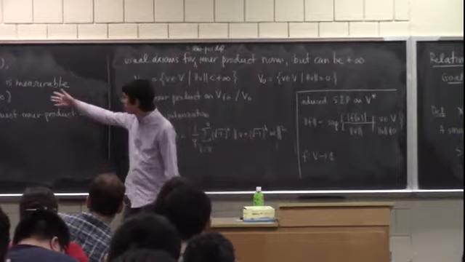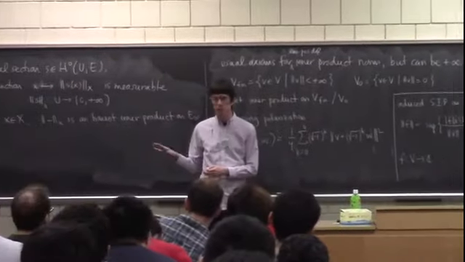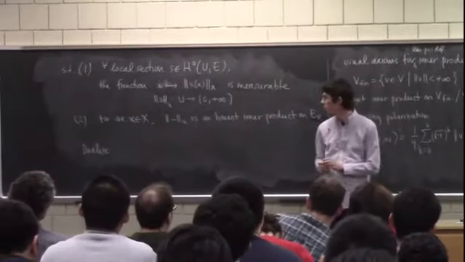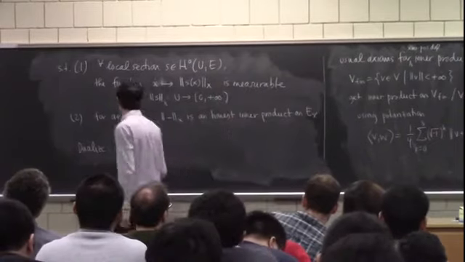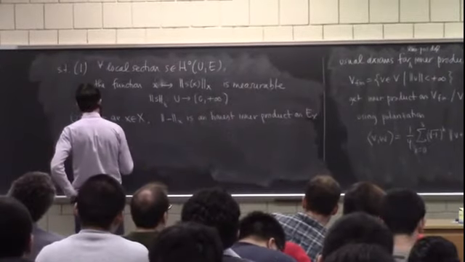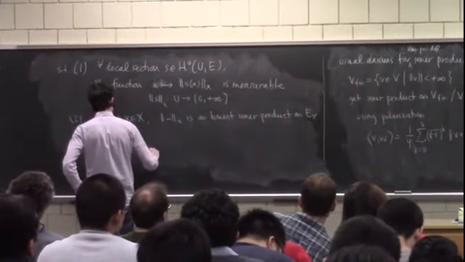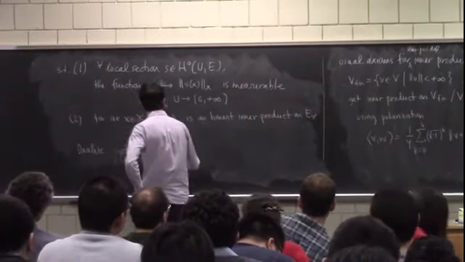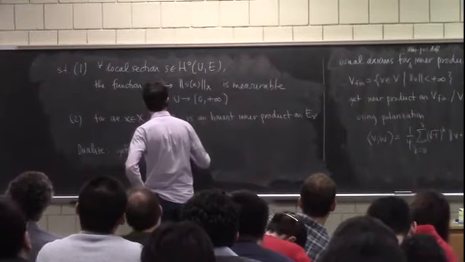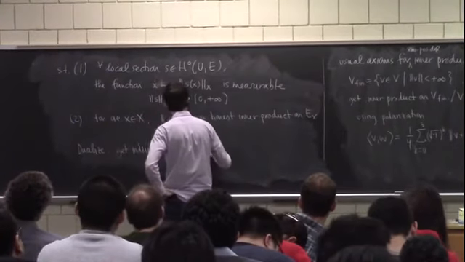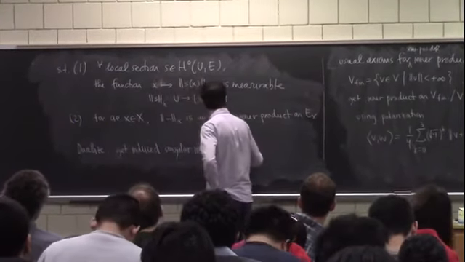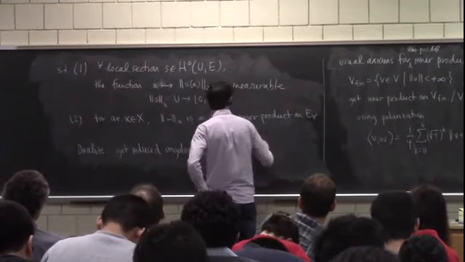And again, since my definition is so weak, it's not hard to check that these things fit together into a singular metric of the dual bundle. So if I dualize fiber by fiber, I get an induced singular metric, which I'll call H star, on the dual bundle.